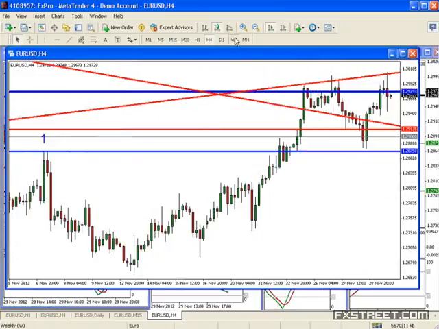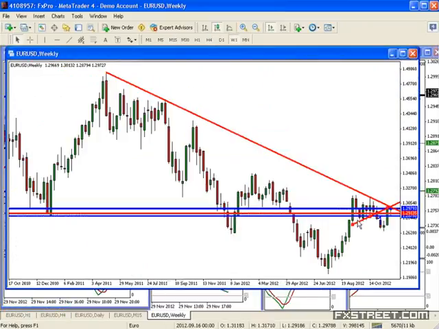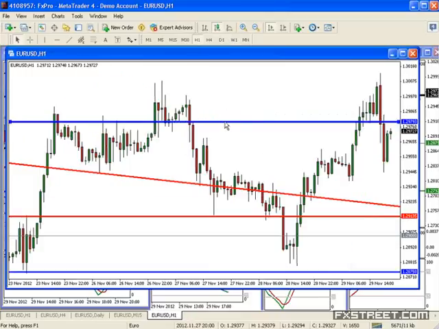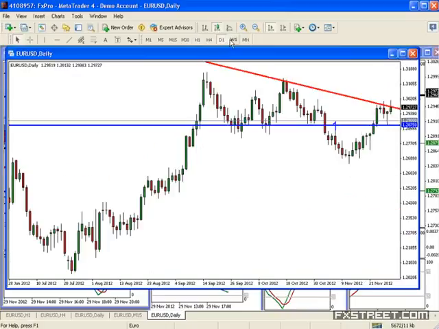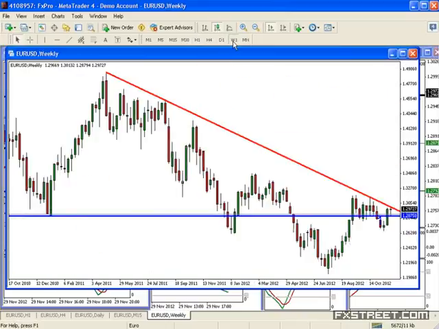I'm going to go to a weekly chart. I've got more lines in this chart than I care to have. Let me clean this up a little bit. Yeah, it's pretty good. I first wanted to emphasize this is a weekly chart for the euro USD.